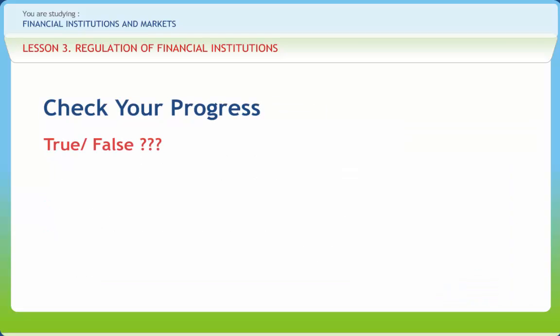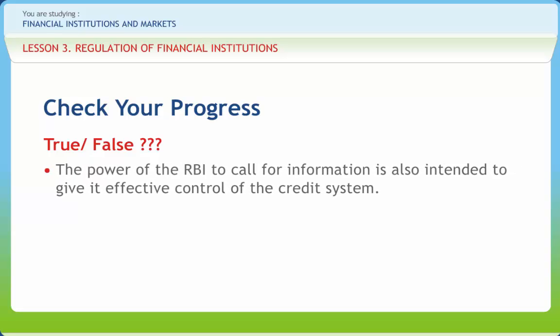Now let us check if we have understood the various concepts discussed in this lesson clearly. The power of RBI to call for information is also intended to give it effective control of the credit system. Right or wrong? Right.